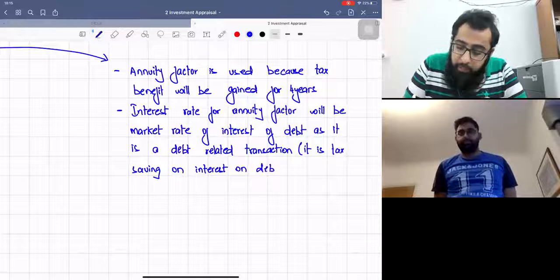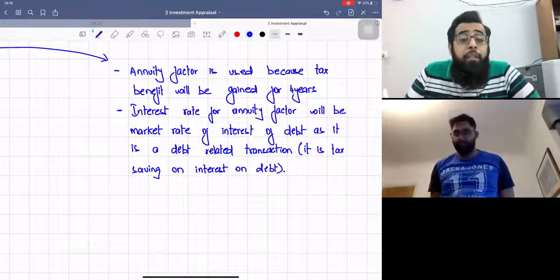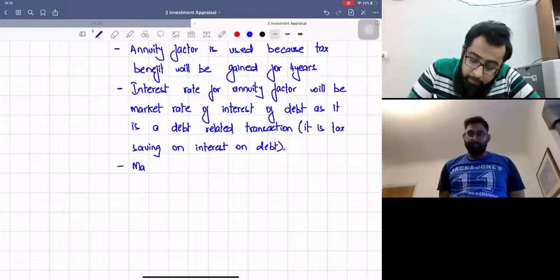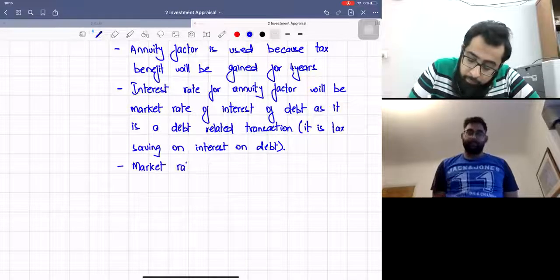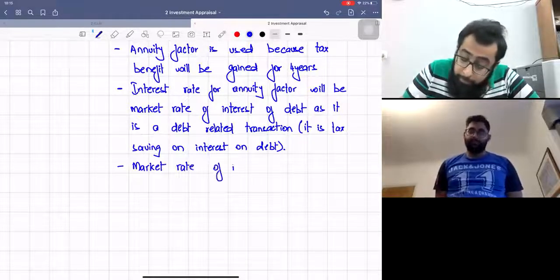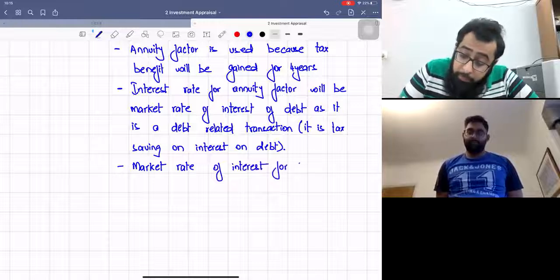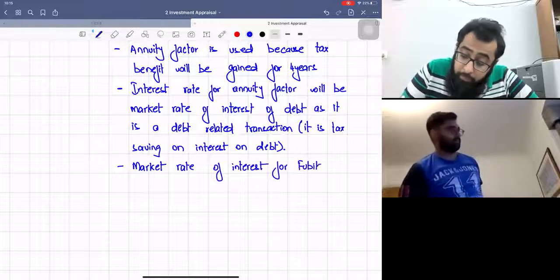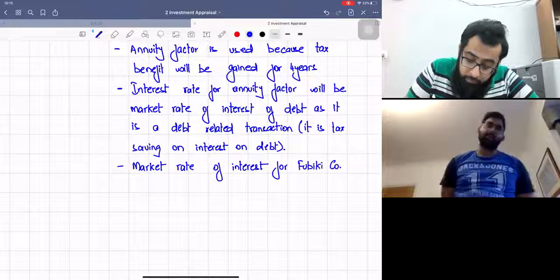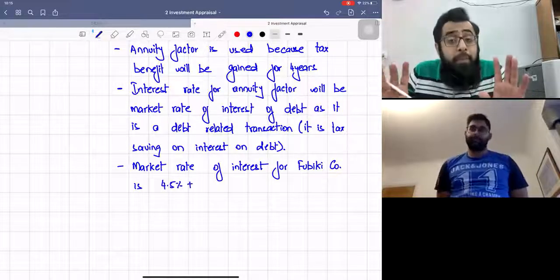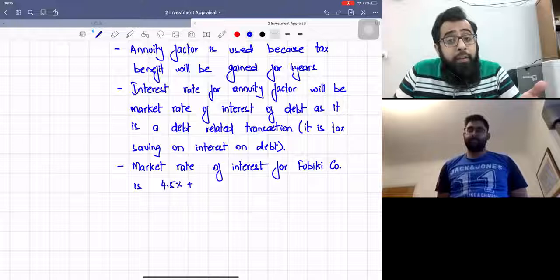Market rate of interest for Fubiki company is 7.5%. That's because they said that they offered us 200 basis points below. Now ignore the government subsidy. We need market rate of interest.